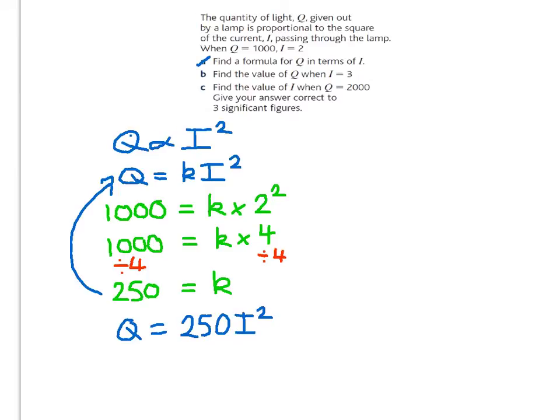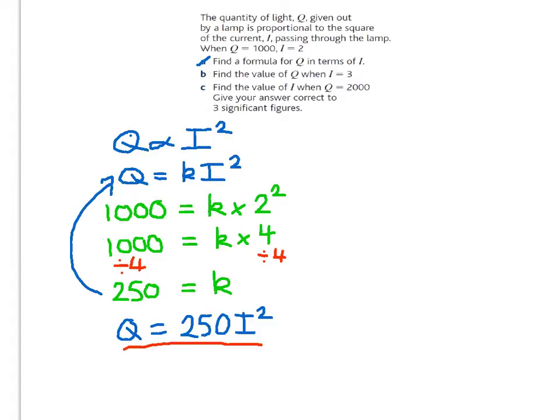So now I can do part B using the formula. Find the value of Q when I equals 3. So for the next two parts, I'm just going to need this bit. So I can rewrite this formula, except I'm finding the value of Q. I'm going to put it in when I equals 3.